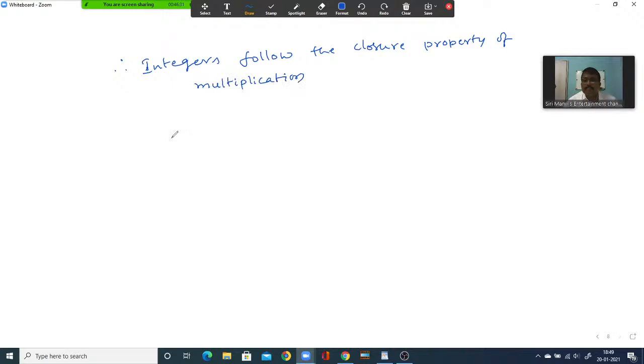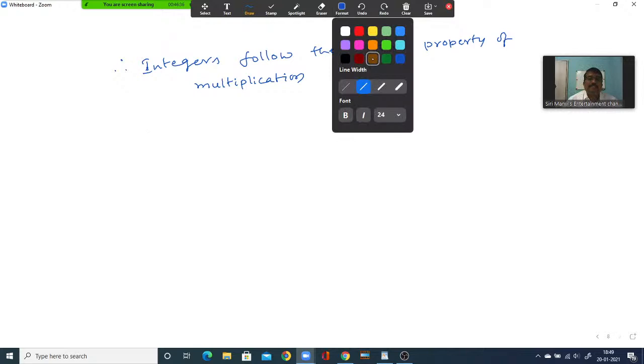Therefore, integers follow the closure property of multiplication.